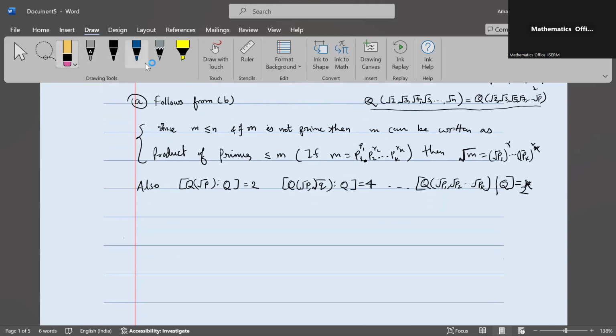Part b says Q(x), which is Q(root 2 plus root 3 plus, and so on, plus root n), is equal to this. And this is explained here; this is the explanation for that equality.